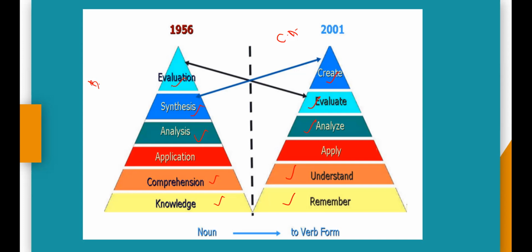Now, the third aspect of this taxonomy: according to Bloom, it is application, and according to Anderson and Krathwohl, it is applying. Application is the ability to use the learned material, implementing it in a new and concrete situation.